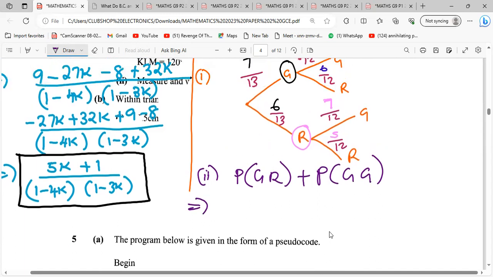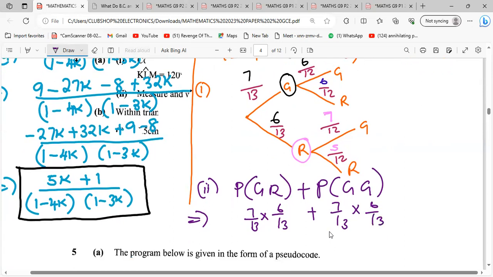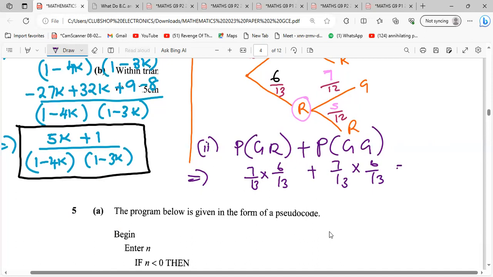The first is 7 over 13 times the red one, 6 over 13, plus the first 7 over 13 and the second green, which is 6 over 13. This gives 42 divided by 156 plus 42 divided by 156.